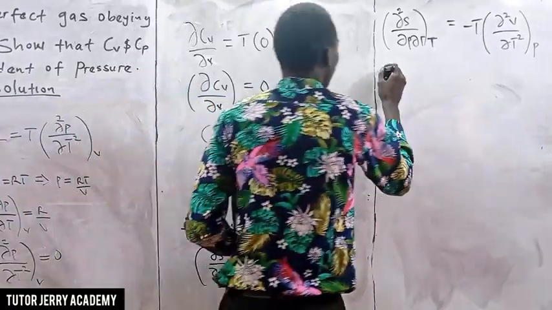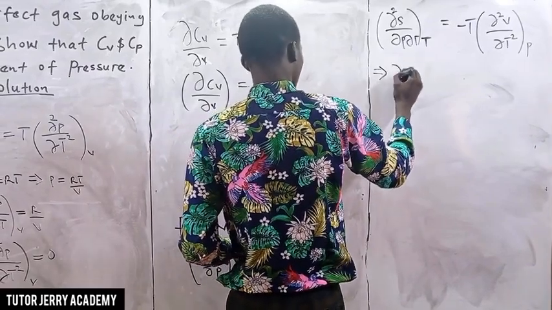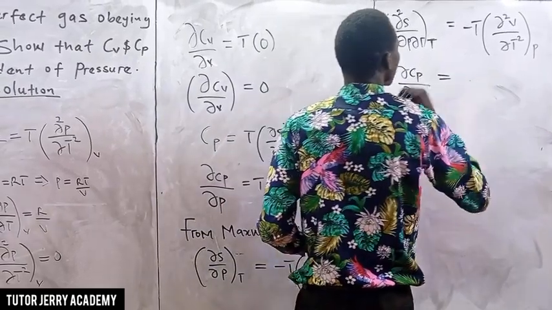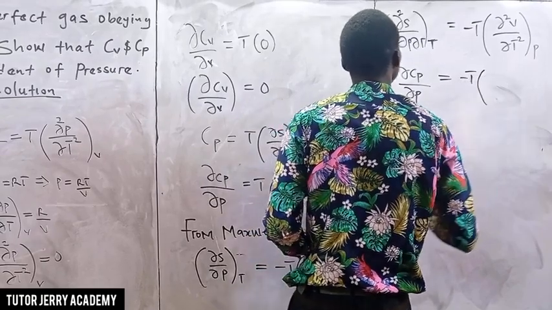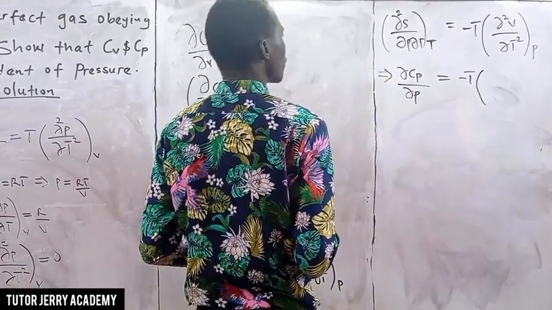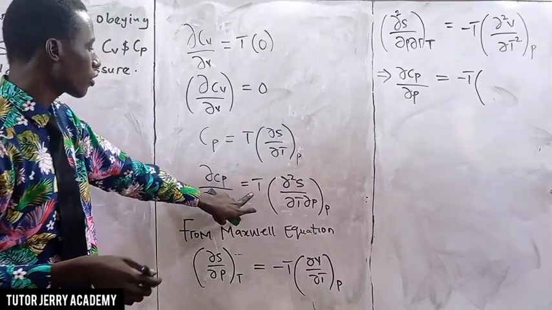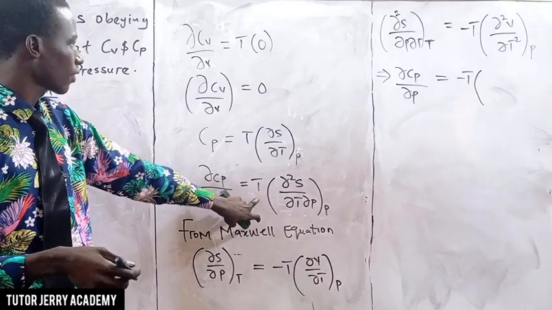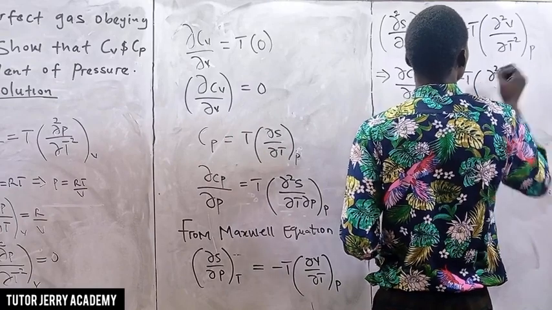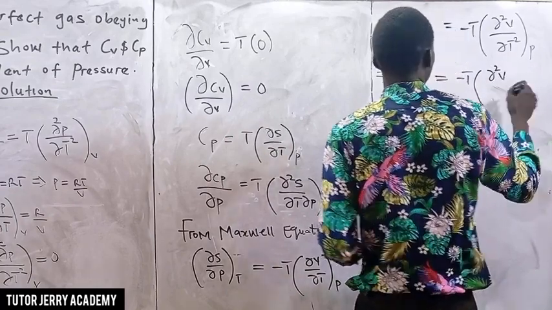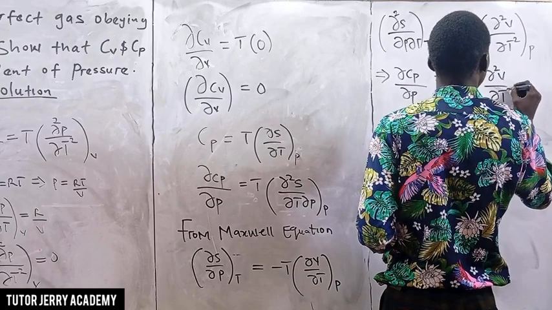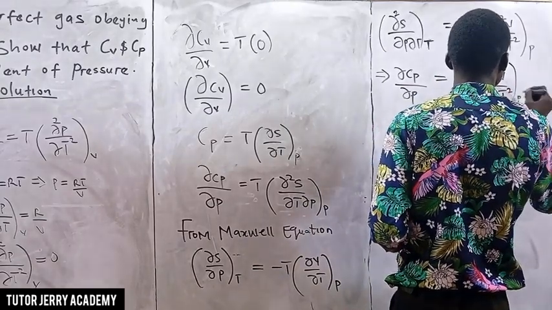So it implies that we'll be substituting this for this in this equation. It implies that we are going to have the partial derivative of Cp all over the partial derivative of P to be equal to minus T into the partial derivative squared of V all over the partial derivative of T squared, keeping P constant.